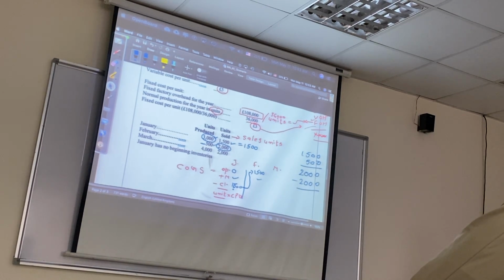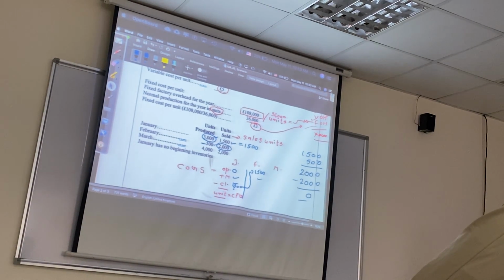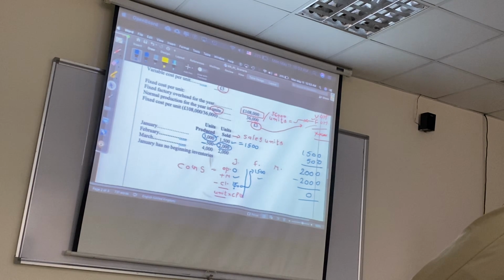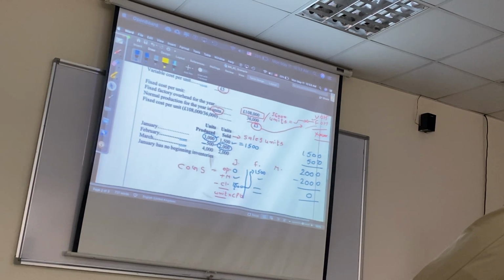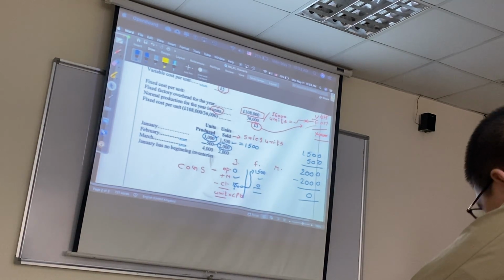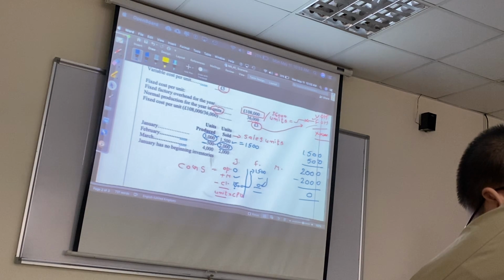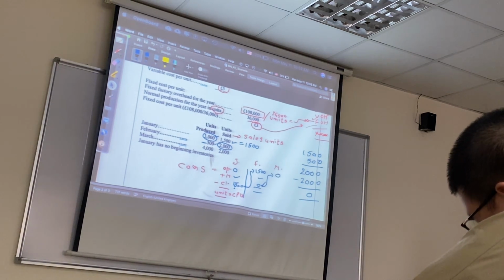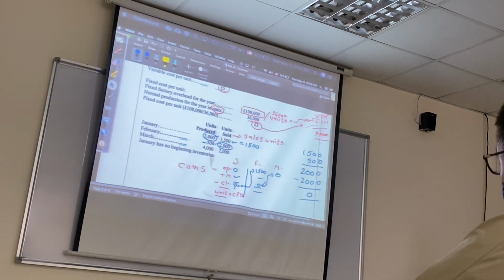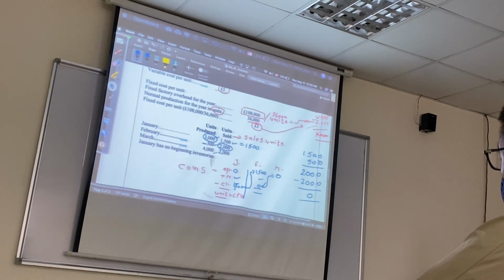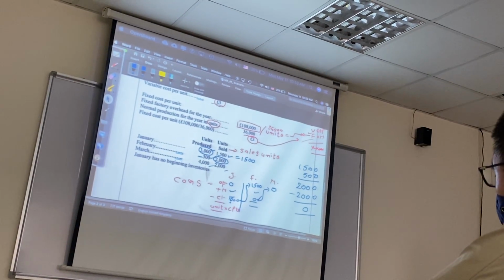My closing is 0. And if 0 closing, 0 opening. Then reduce here. Sold here. Closing 2.